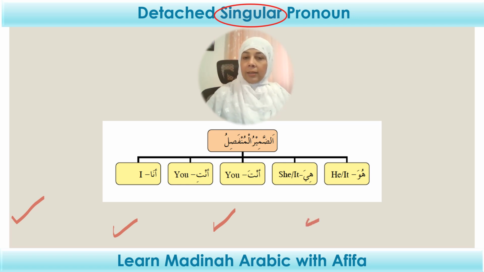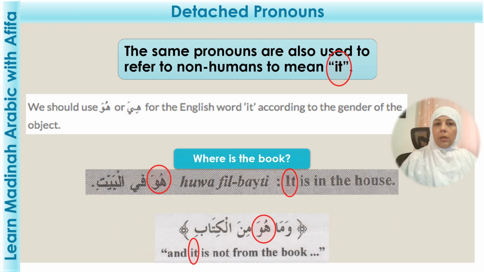Hiya is she, or it could be referring to it. And huwa is referring to he, or it could refer to it if it's an object. So the same pronouns are also used to refer to non-humans or objects to mean it.